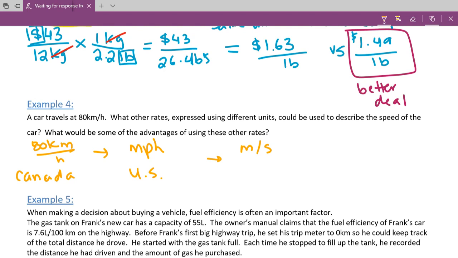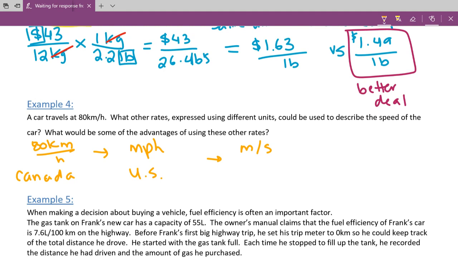If I was to talk about a very small measurement, if I was to shoot a projectile that only went across a classroom, kilometers isn't going to be my best unit to use because I don't even cover 1/10 of a kilometer inside my classroom. So I'm going to end up with really, really small decimals.